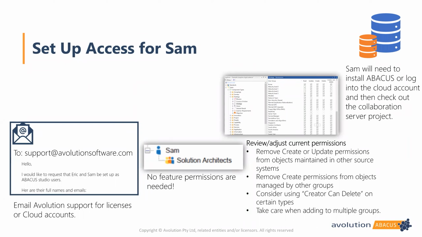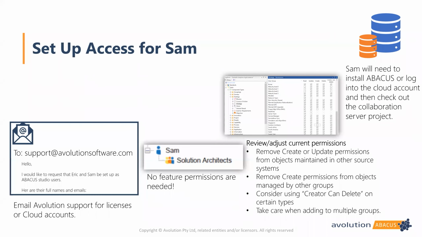But there might be a different circumstance where applications are being pulled in from ServiceNow and most of the properties are coming from ServiceNow, but a subset is actually being managed in Abacus. That's where you would want to likely remove create permissions.